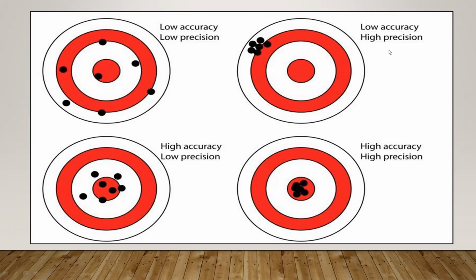And when coming to the second one, the darting is done in the last but one point, and all the dots are in the same position. Here you can see no gap between the darting points, but the accuracy is very less.